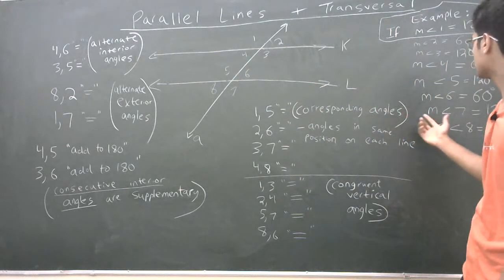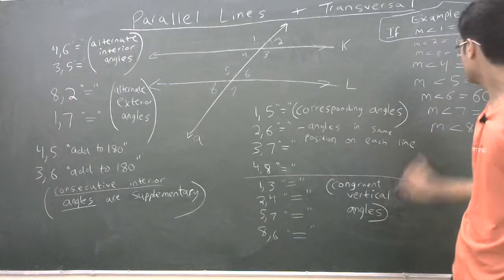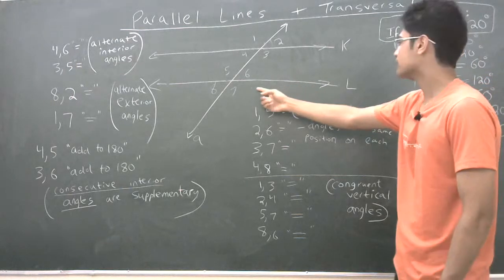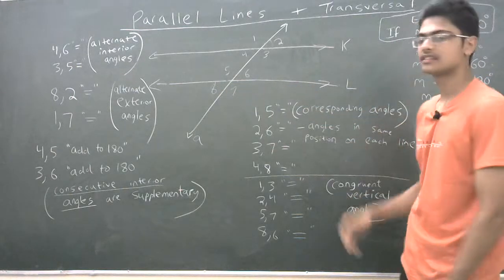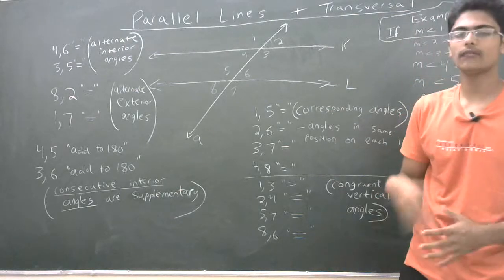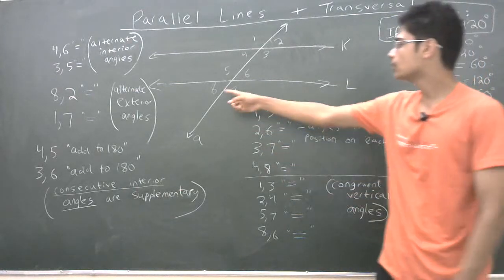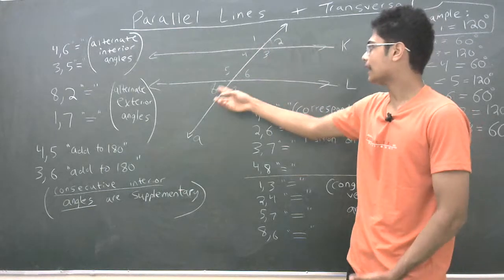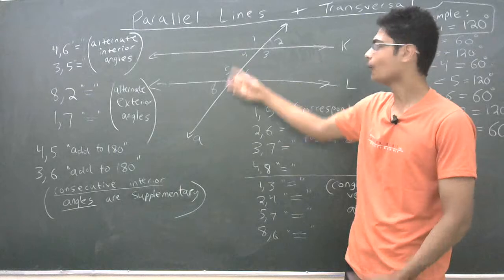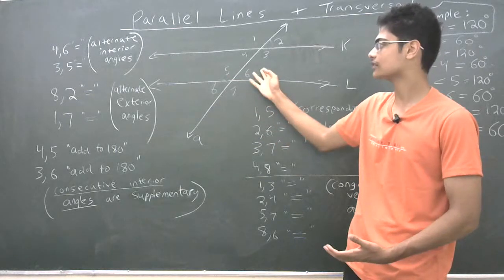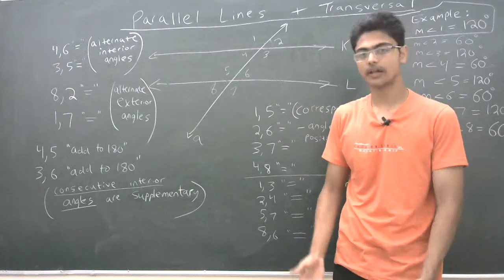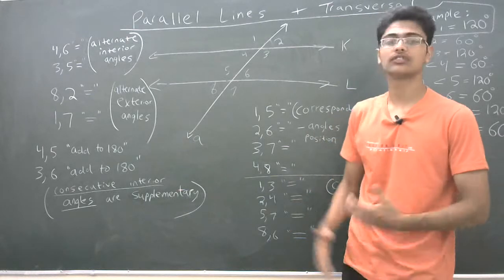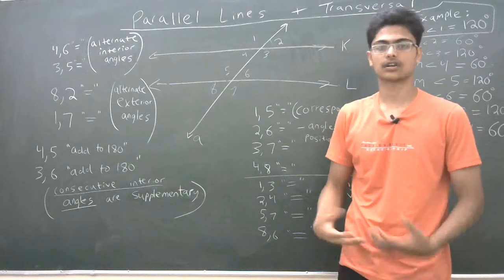Similarly, the measure of angle 7 is 120 degrees, and the measure of angle 8 is 60 degrees. In whatever way you look at this, whether angle 8 is compared to angle 2, or angle 4, or angle 6, whether these are corresponding angles or vertical angles or alternate exterior angles, these angles are congruent.